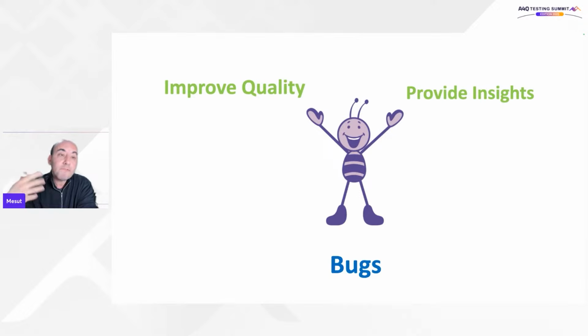But also, if we find out some improvement rooms, for example, if we are somehow missing a test type or a test stage in one part of our development processes, or in our software testing life cycle or even our software development life cycle, then we can already apply and improve that process as well. So these are the two dimensions of benefits of doing this bug analysis.